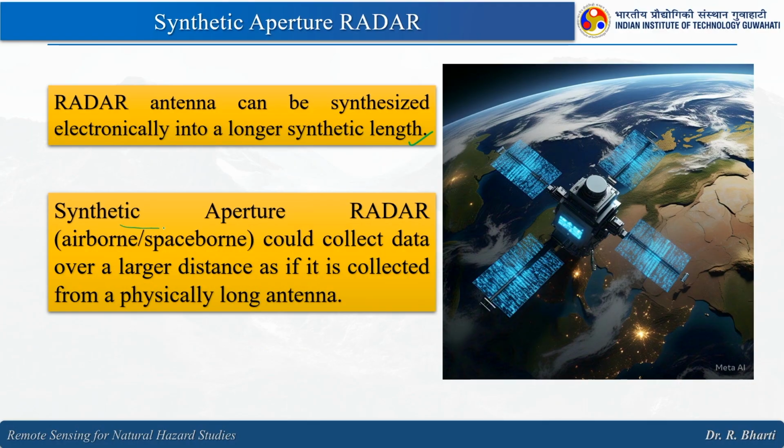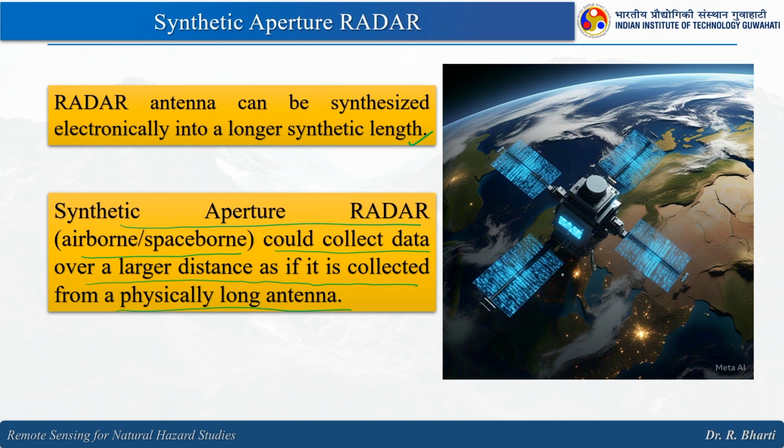That helps us keep our payloads lighter, and has other benefits also. Synthetic aperture radar, which can be airborne or spaceborne, could collect data over a large distance as if collected from a physically long antenna.